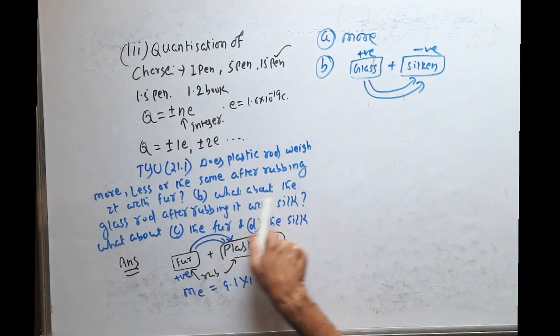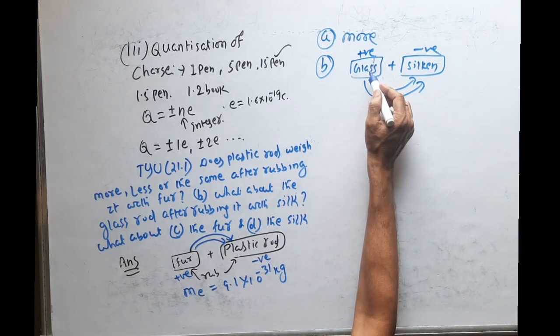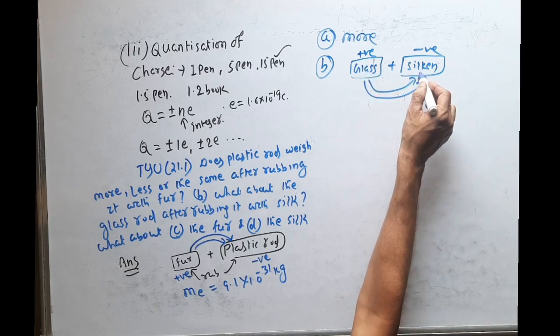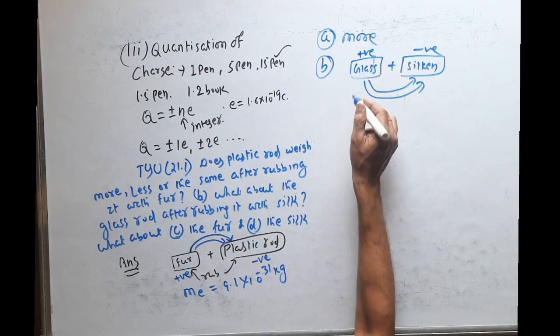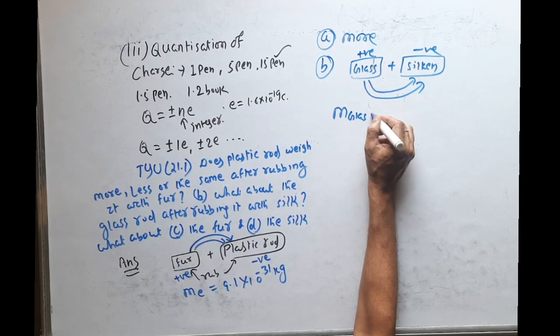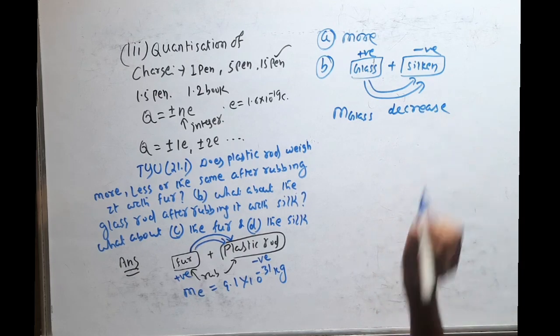So some electrons are lost from the glass to the silk. So there is a deficiency of electrons in the glass. So the mass of the glass will decrease.